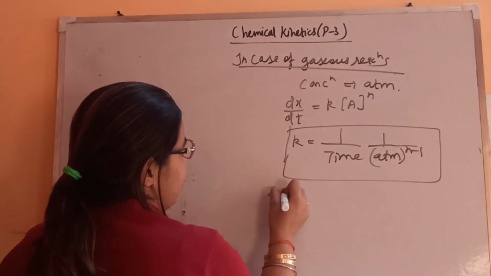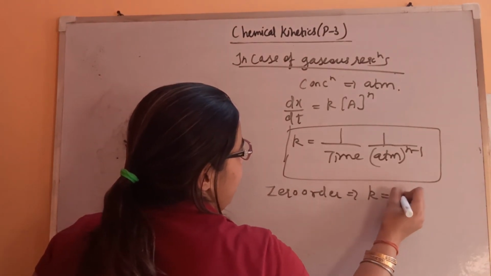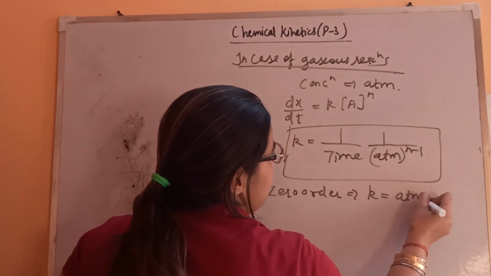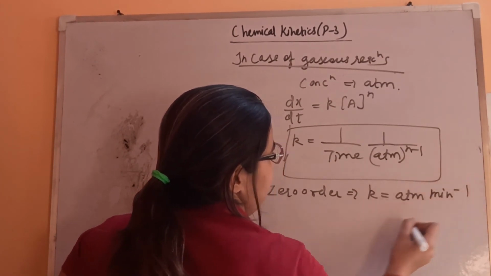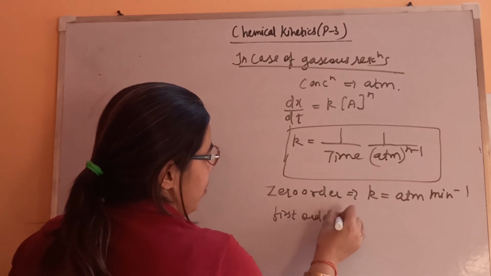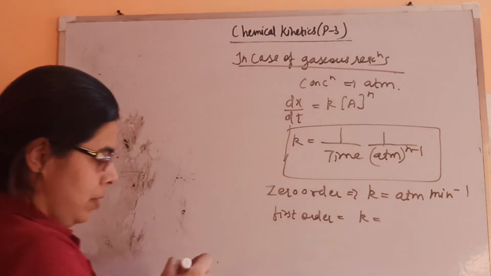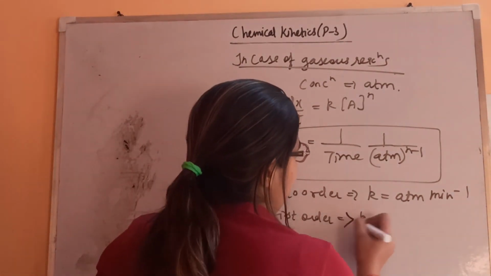Like for zero order, K is equal to atmosphere per minute. Then first order, K is equal to what? Only per minute, as it is independent.